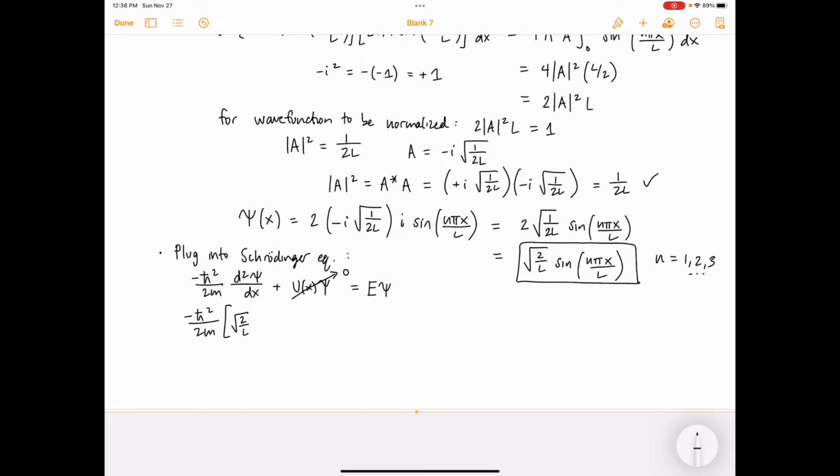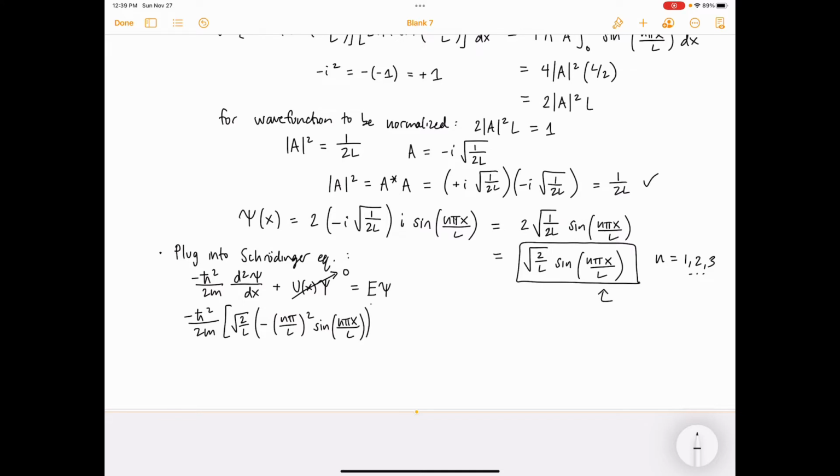If we take two derivatives of this function, each time we take a derivative, we're going to pull out a factor of n pi divided by L. But also, when you take the derivative of the sine function twice, you just get negative sine. So overall, we have minus n pi over L squared, because we get a factor of that each time we take a derivative, and then we have sine of n pi x over L.